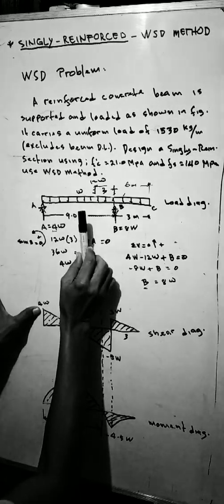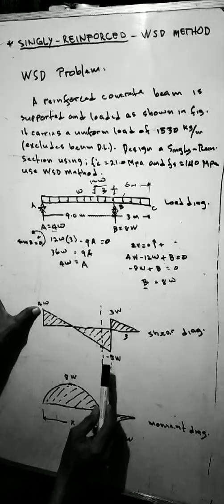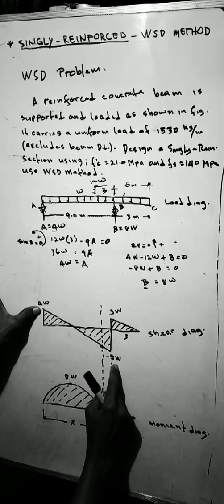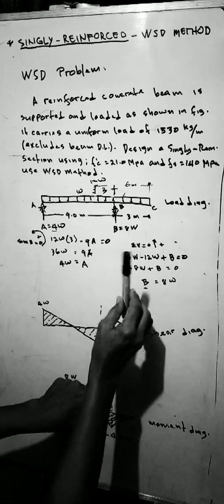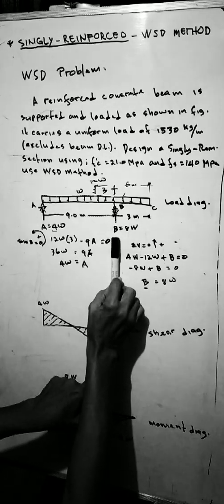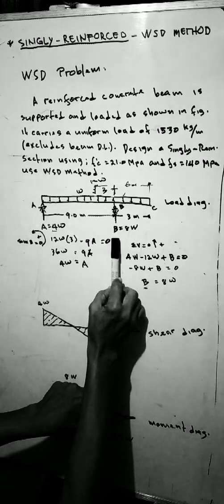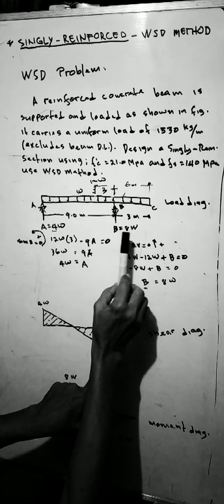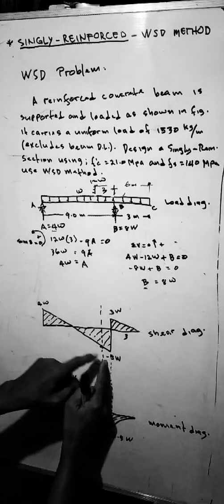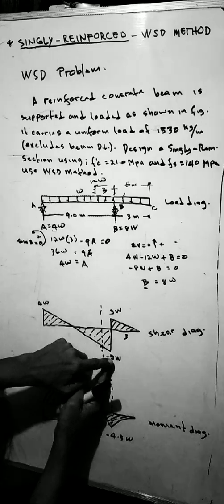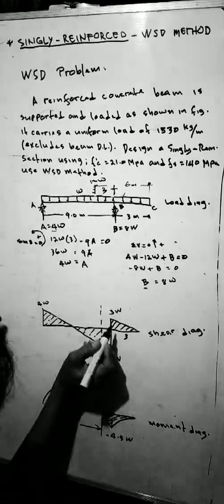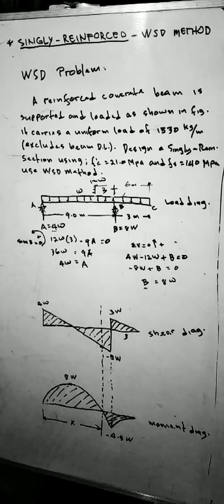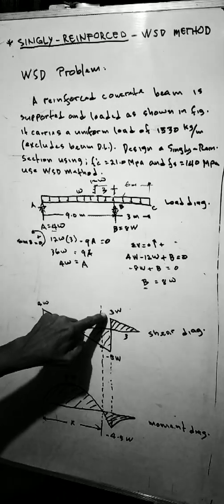Since this is negative, negative sign. Okay. The next is the reaction B, that is 8W. 8W minus 5W is 3W. That's why this point is 3W.